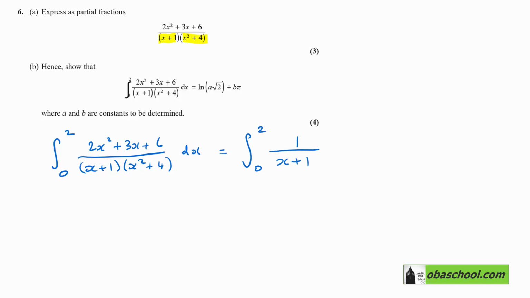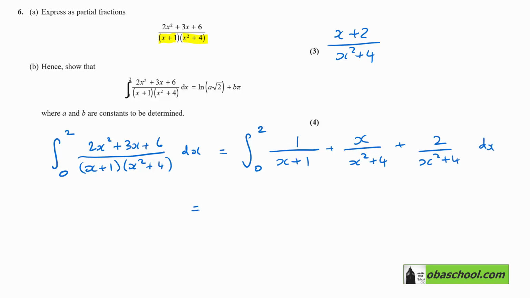And remember, we then had (x plus 2) over x squared plus 4. I'm just going to split that into x over x squared plus 4 plus 2 over x squared plus 4.